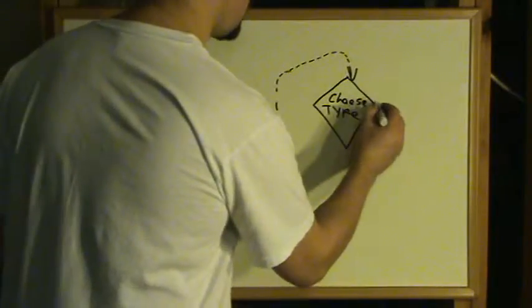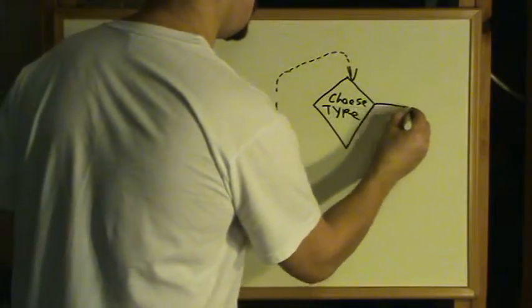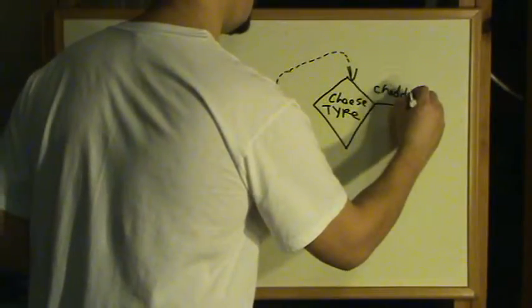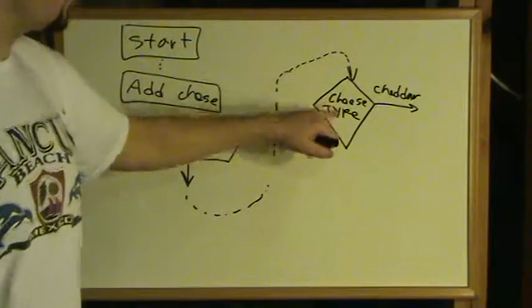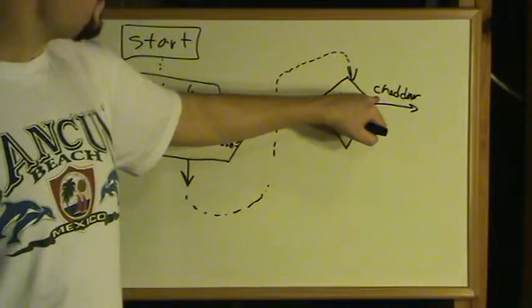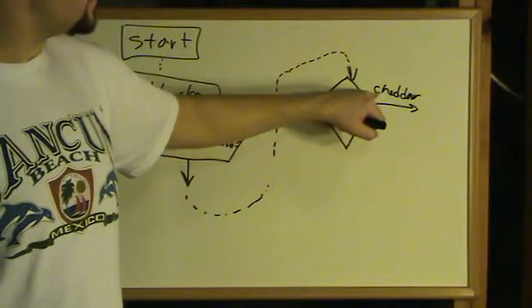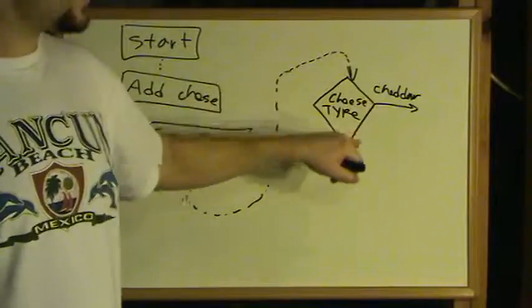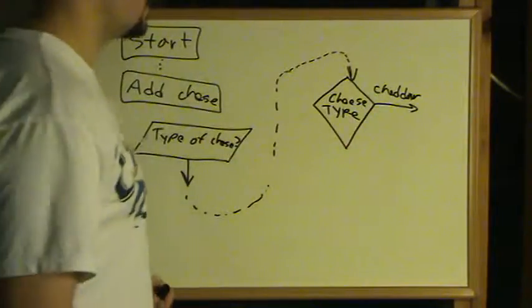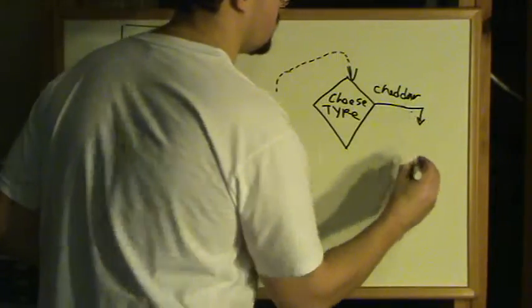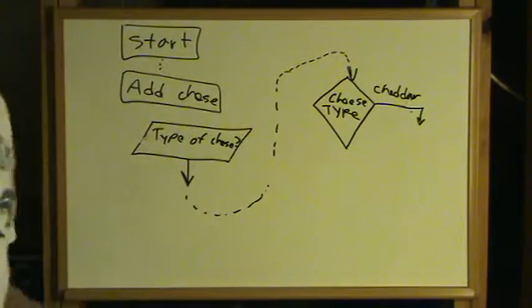So let's say we're going to go this way for now. Say if it was cheddar. You draw an arrow going out of one of the corners of your diamond, and on top of the arrow or just below it, you write what the value of your choice was. What was your choice? Cheddar. So if they ask cheddar, what do we do?